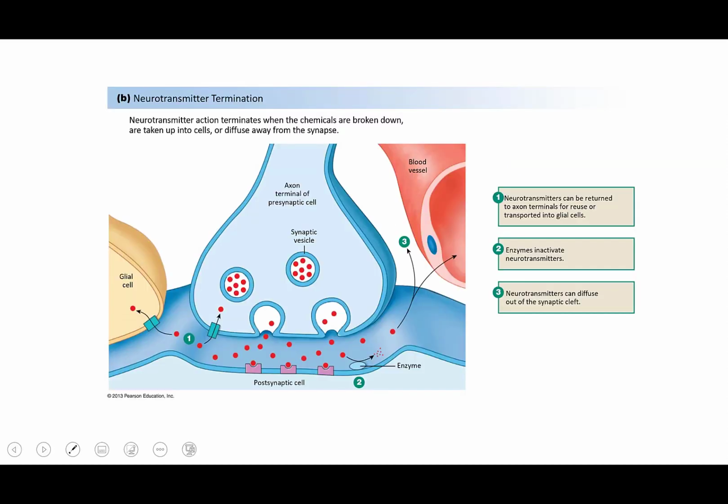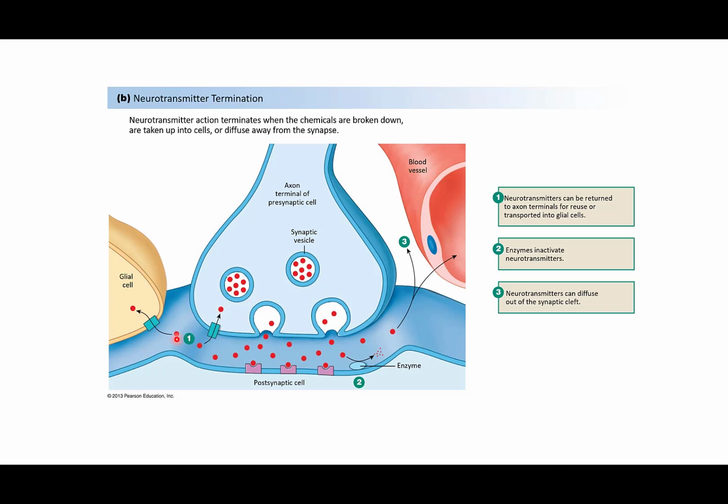So what happens when we release neurotransmitters? We talked about one. There's really one of three fates. The first one that we already kind of talked about was that it binds. Okay, but if it doesn't bind to a receptor, what happens to it? Well, firstly, it can either be returned into the axon terminal for reuse. There's membrane proteins that can actually pump it back in, and then they can be repackaged into a synaptic vesicle.